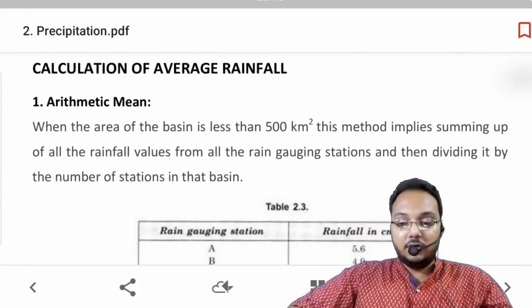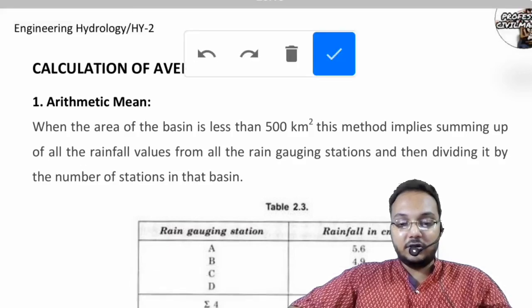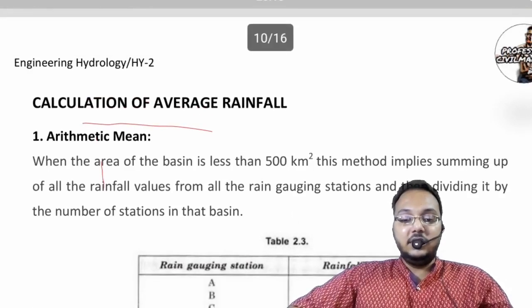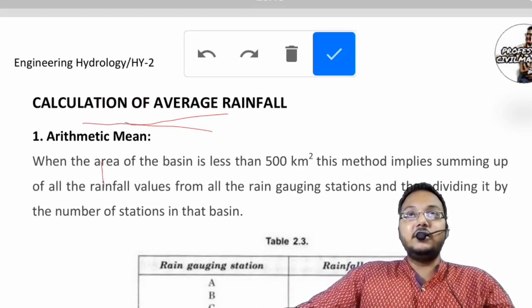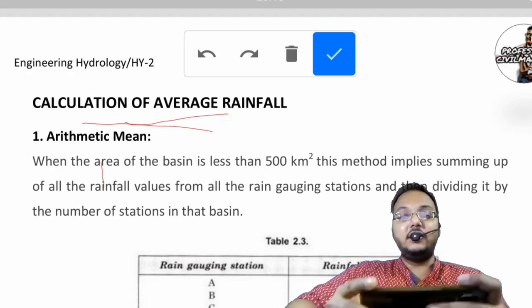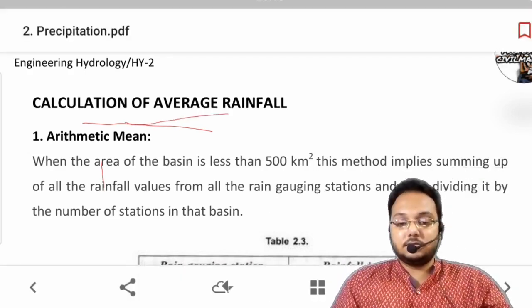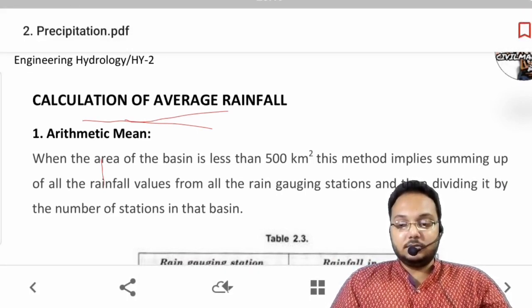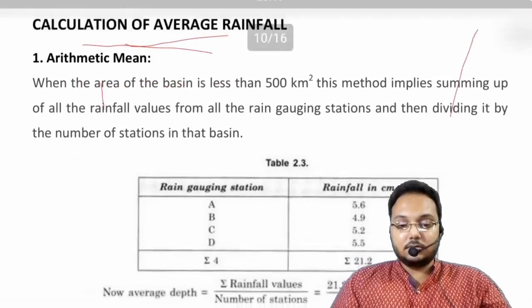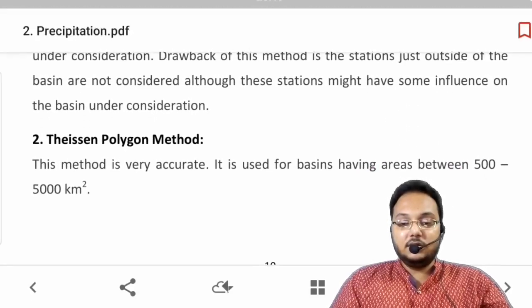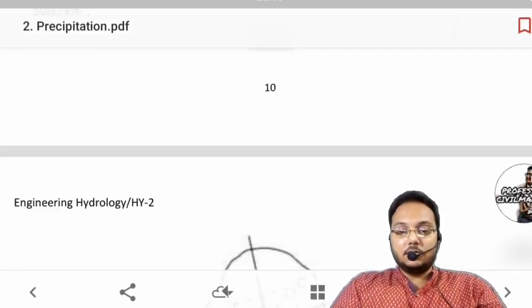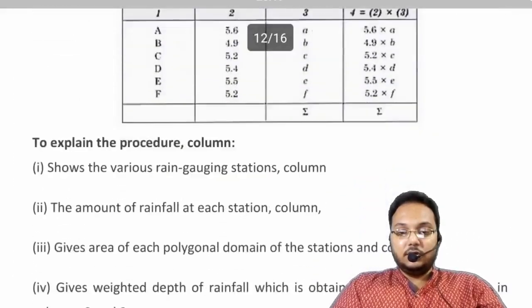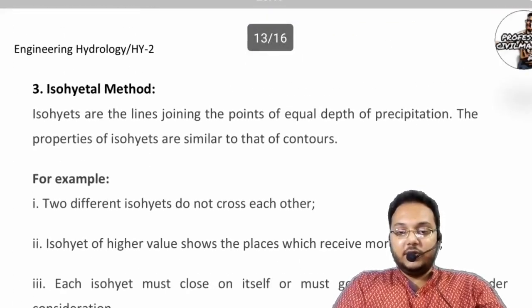So the calculation of average rainfall will be talked about in this part of the video, and we will be mainly going upon three different methods, that is the arithmetic method, nextly the Thiessen polygon method, and finally we will have the isohetal method.